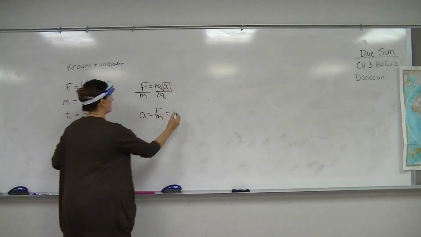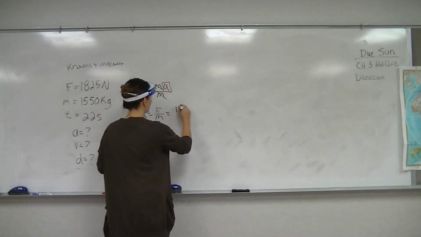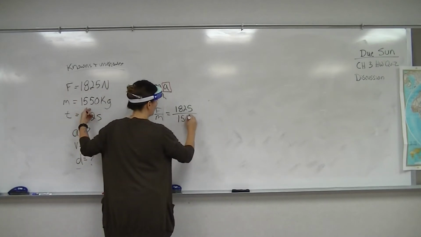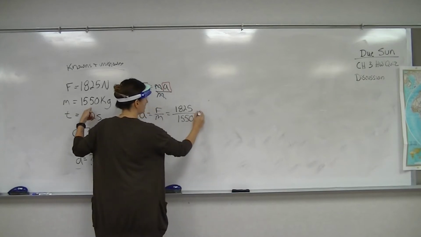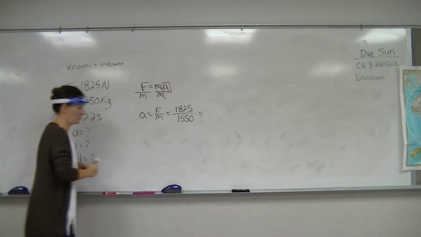All right, random aside. So let's plug in. We have force, 1825. Mass, 1550. It's looking like I'm going to need 3 sig figs, because that bottom number only has 3.